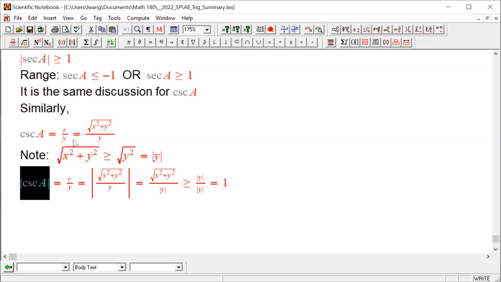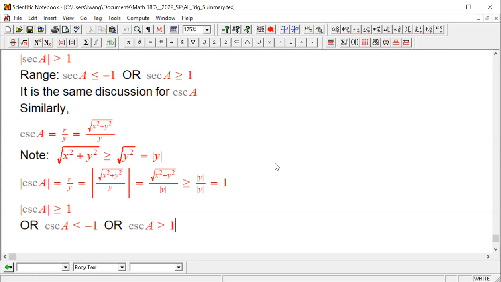So we ended up with cosecant of any angle in the domain being at least 1. That's the range for cosecant. As a result, cosecant A is less than or equal to -1, or cosecant A is at least 1.